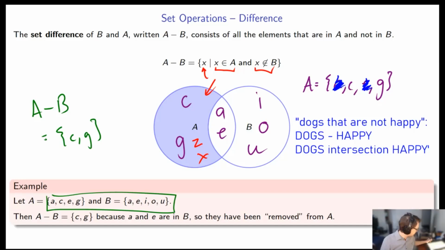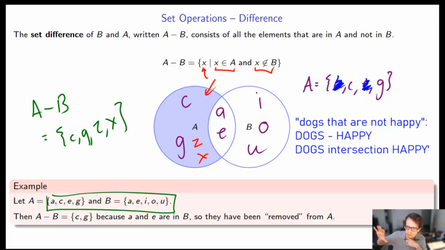Then A minus B would also include Z and X, because B doesn't have Z and X to remove. So A minus B would still be C, G, Z, X in this case. A minus B only removes.